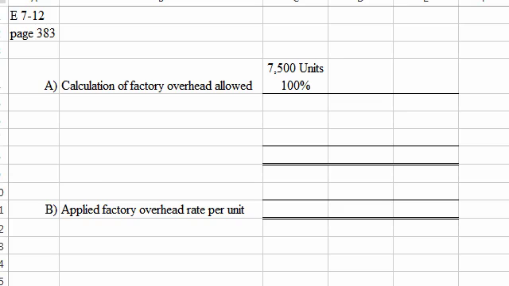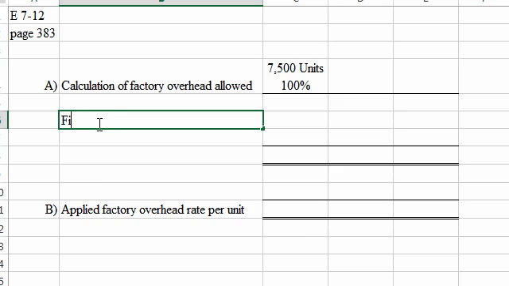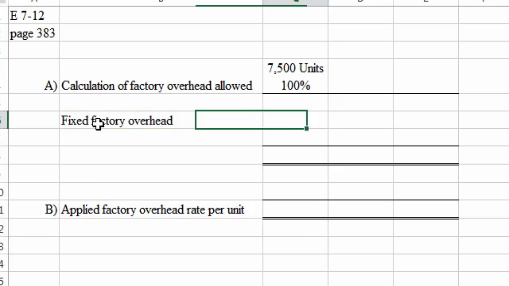Okay, so what they're saying is that our fixed factory overhead at 7,500 units per month, which is normal capacity, our fixed overhead at that level is $10,000.